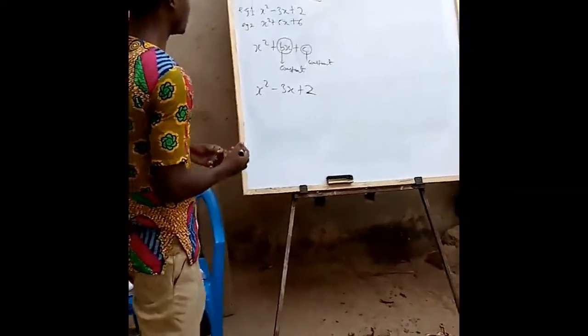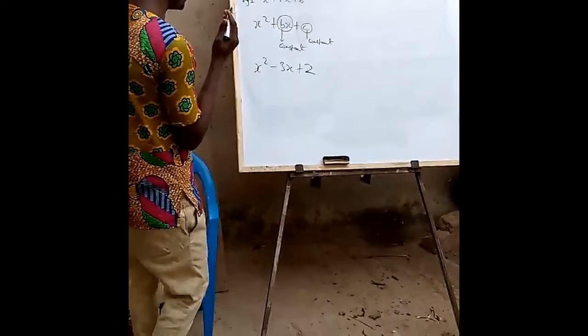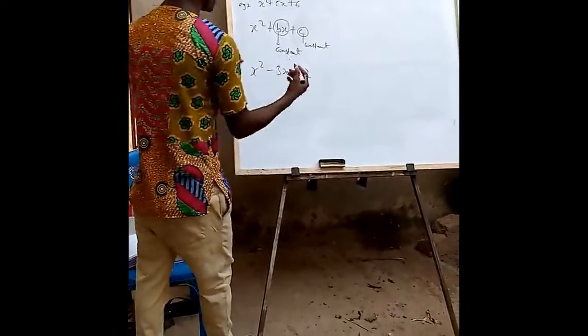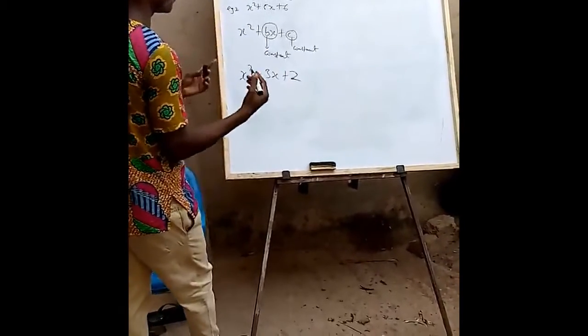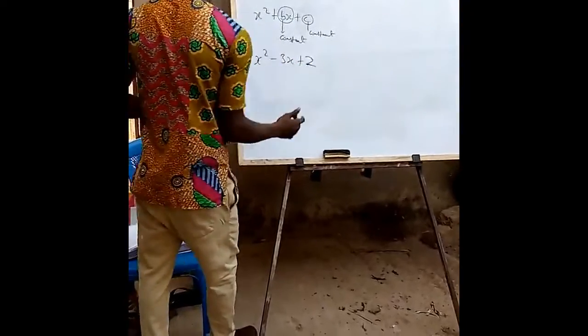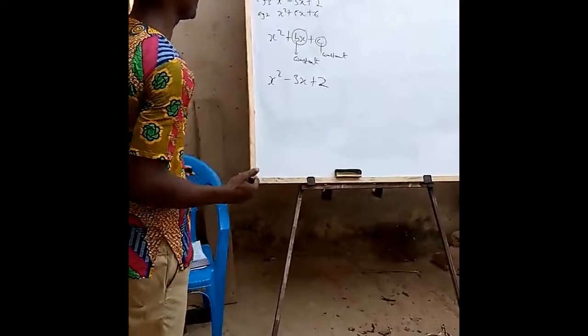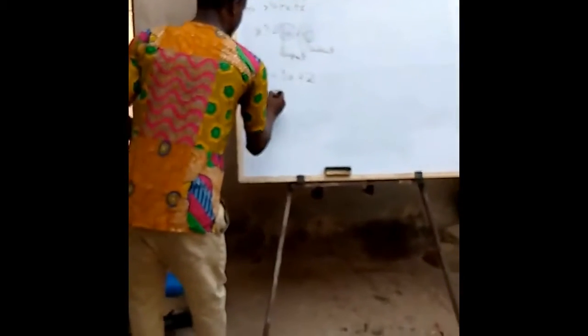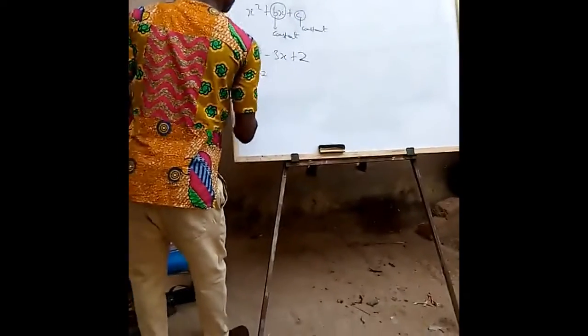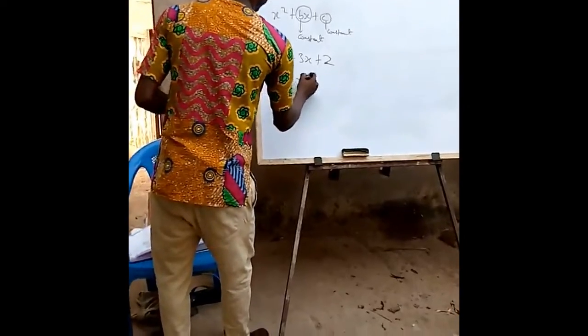In this case, we need two factors of 2 such that when we multiply them we get 2, and when we add them we get negative 3. Let's see these numbers: minus 2 and minus 1.